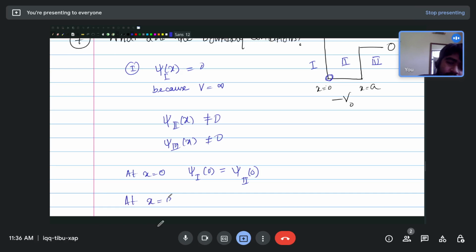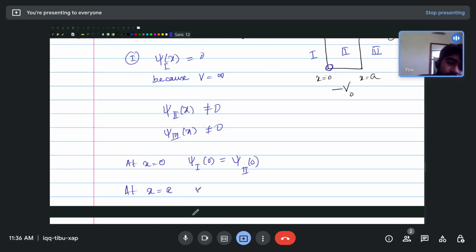At x equal to a, there are actually two conditions. You first have to match the values of the wave function at that point, so psi 2 of a equals psi 3 of a, and also d psi 2 by dx at x equal to a equals d psi 3 by dx at x equal to a.